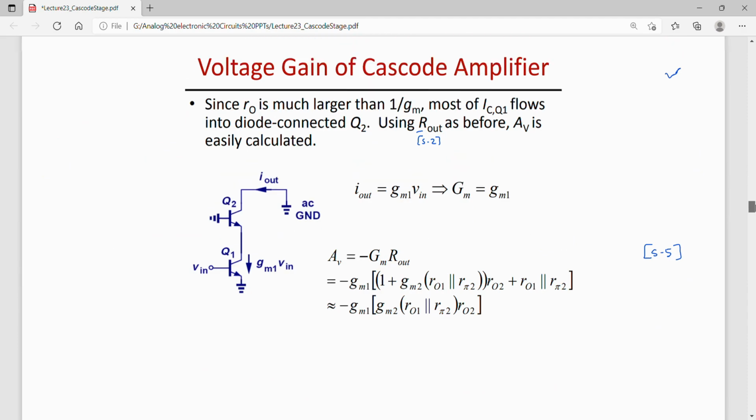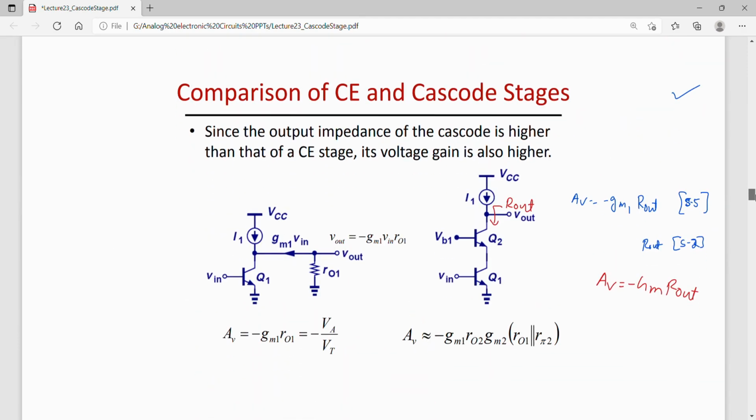So the gain of a cascode can be written simply by using R out, which we have already calculated, and GM we have also already calculated. So which is equal to this much now.